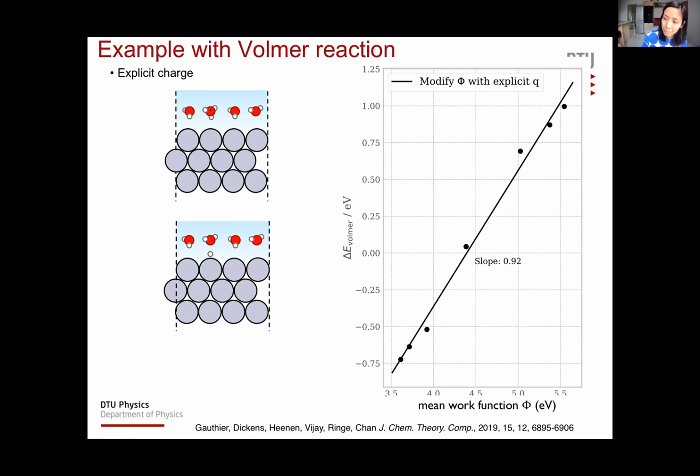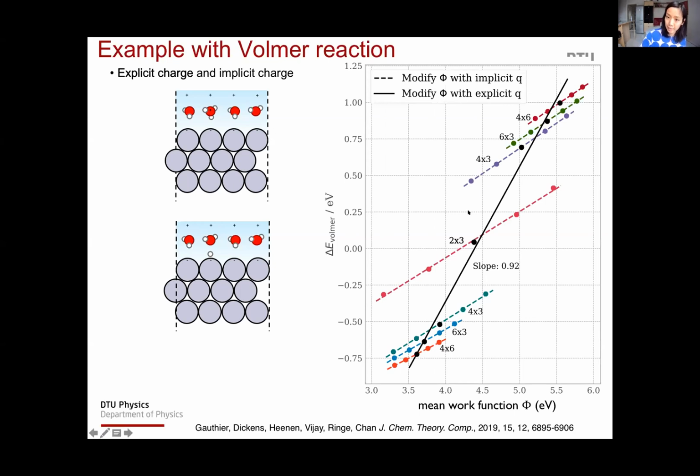The question is, what happens if we were to add implicit charge to the system? Like so. So for instance, in a planar countercharge, or in this particular case, I'm going with the linear Poisson-Boltzmann model. And what we find is if we were to add this contribution, we obtain a pretty dramatic cell size dependence.